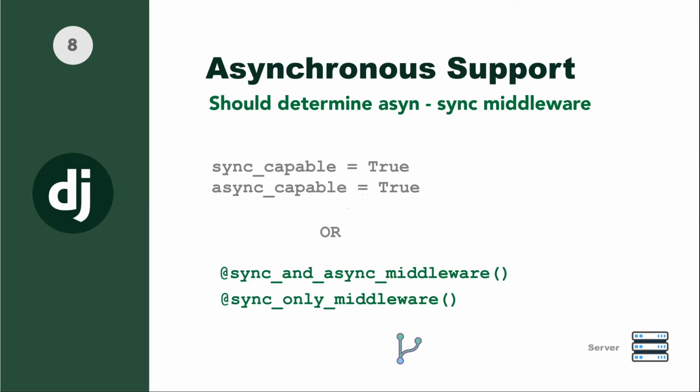When you apply the sync_and_async_middleware decorator on your class, your middleware will be able to handle both synchronous and async responses. If you only apply the sync_only decorator on the class, as you may guess, your middleware will only handle the synchronous response. So let's go to the demo and demonstrate how we can support the asynchronous response in our middleware. See you in the demo.